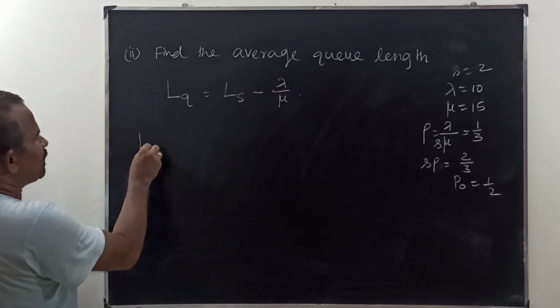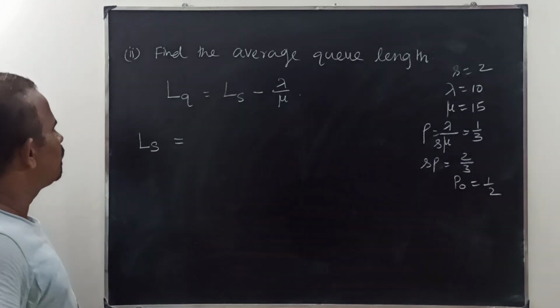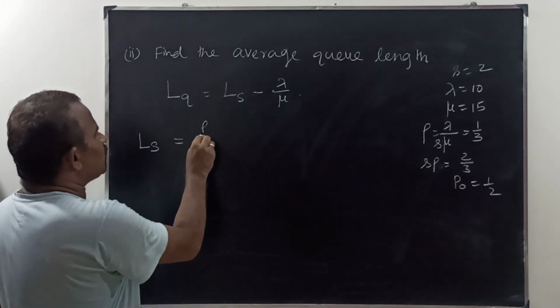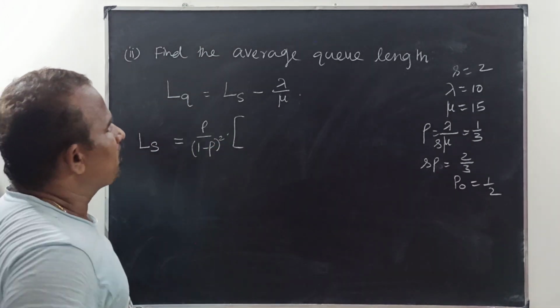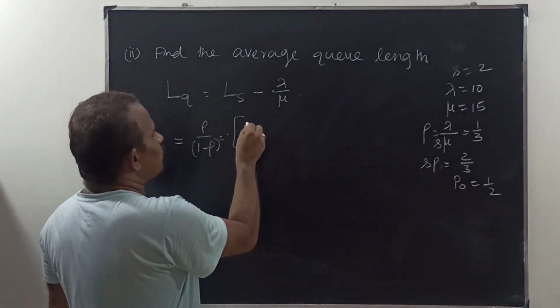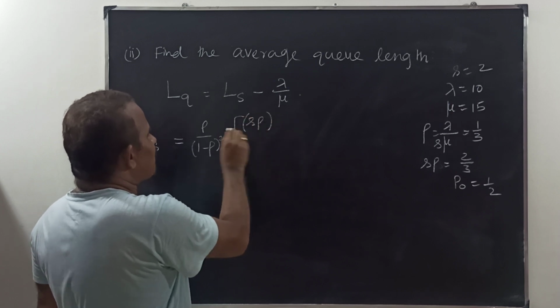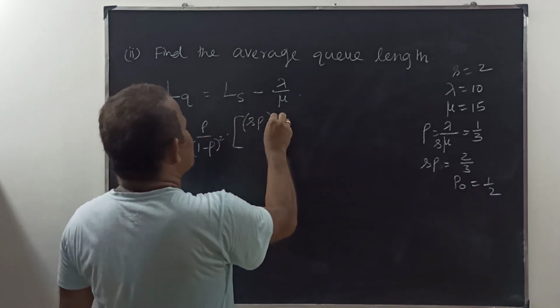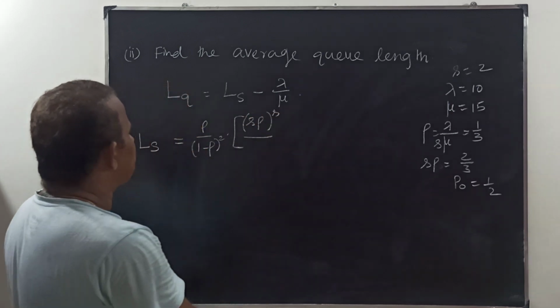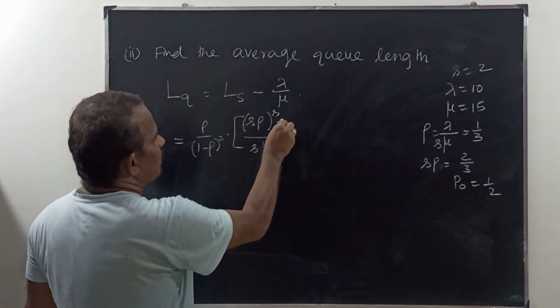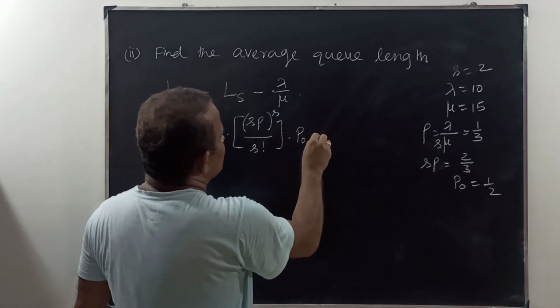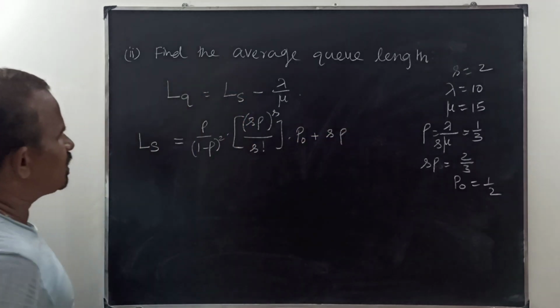So we need LS. Our LS is equal to rho divided by (1 minus rho) whole square, into (S rho)^S divided by (S rho)^S divided by S factorial into P naught, plus S rho.